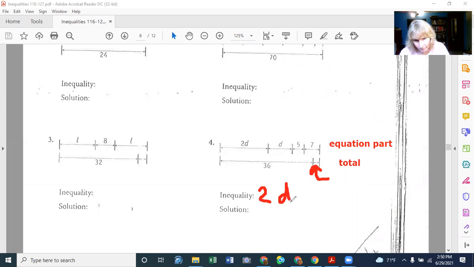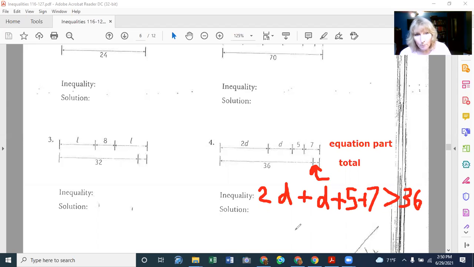So we're going to have to write this one as 2D plus D plus 5 plus 7 is greater than 36, because 36 is not the final total, it's 36 plus the unidentified part. And then we would just combine like terms to get our actual equation.